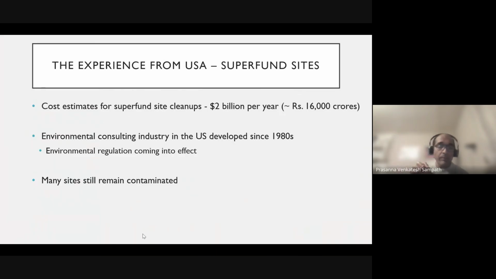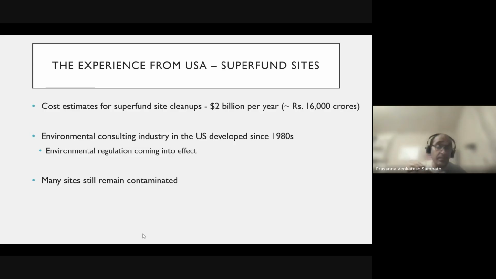But the problem is that many sites, in spite of having started work in the 1980s, have been worked on for 10, 15, 20, 30, 40 years, and still many remain contaminated, or they've not been able to resolve it completely. They've made progress, but the contaminant just refuses to go away, because it's so complicated and invisible.